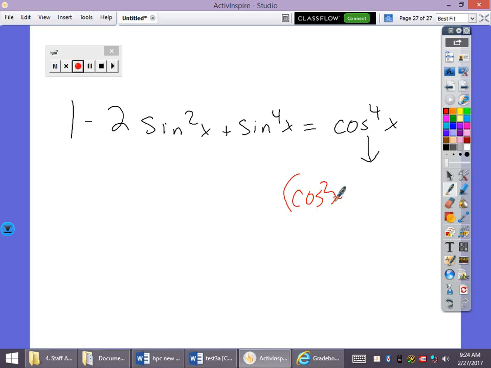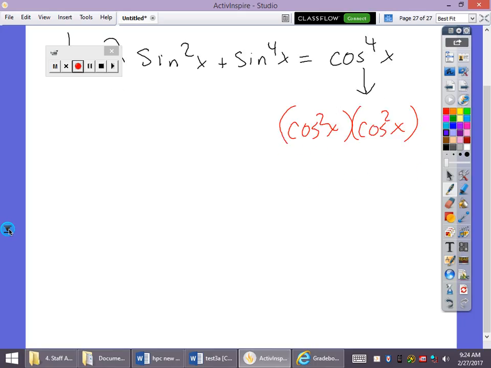Cosine squared x, cosine squared x. What do you know about cosine squared x? It's the same as 1 minus sine squared x times 1 minus sine squared x.